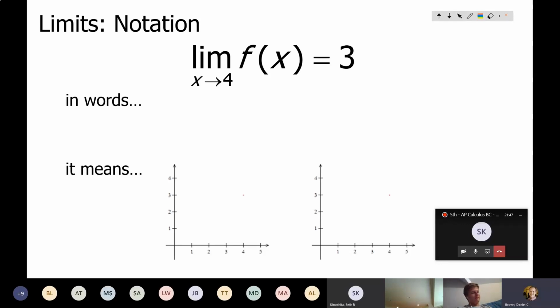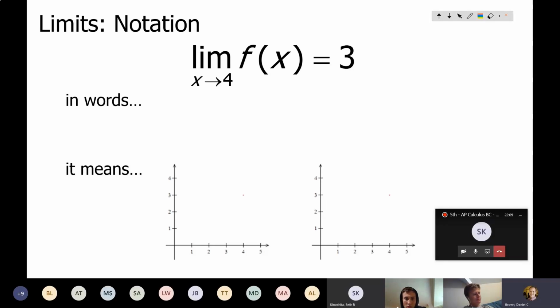So the first is the notation that I want to use for limits. So we will write limit, we'll abbreviate it as LIM. You see like this subscript underneath it with X, that can be another variable, but if we're talking about f of X, we are going to use X. An arrow and a number, then we have f of X and equal a value.